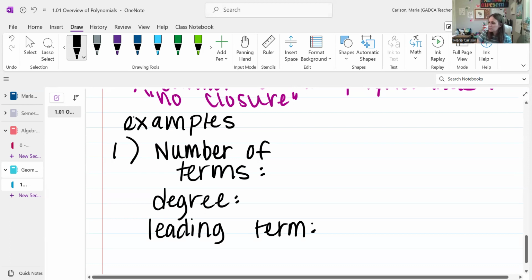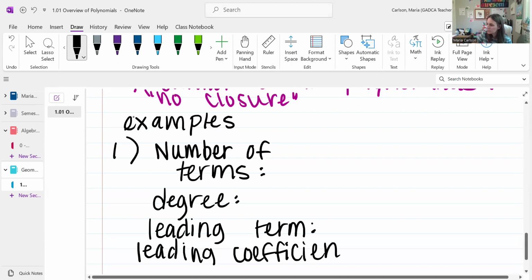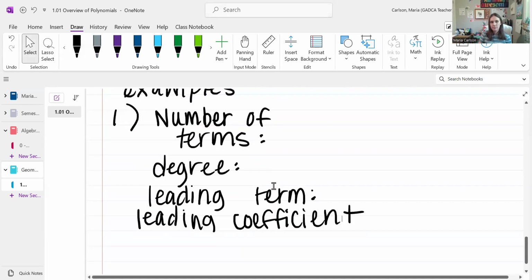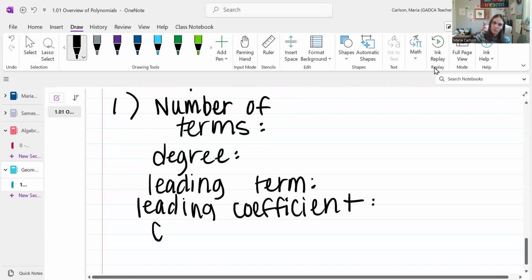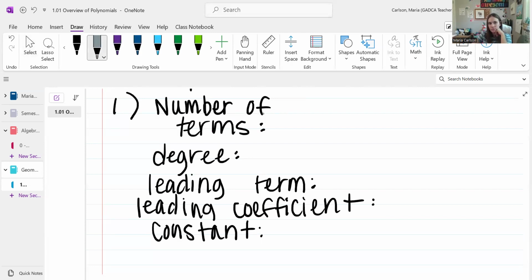And we're going to find the leading coefficient. And we're going to find the constant. All right, and this is all for the polynomial.